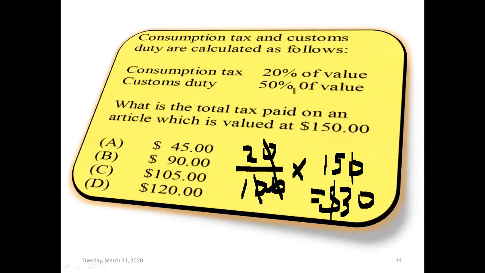So half of 150 is how much? It's 75, not true? Yeah, 50% of 150 is 75. All right, so all you need to do is add the two taxes. 75 plus 30. What's 75 plus 30? Right, it's 105.